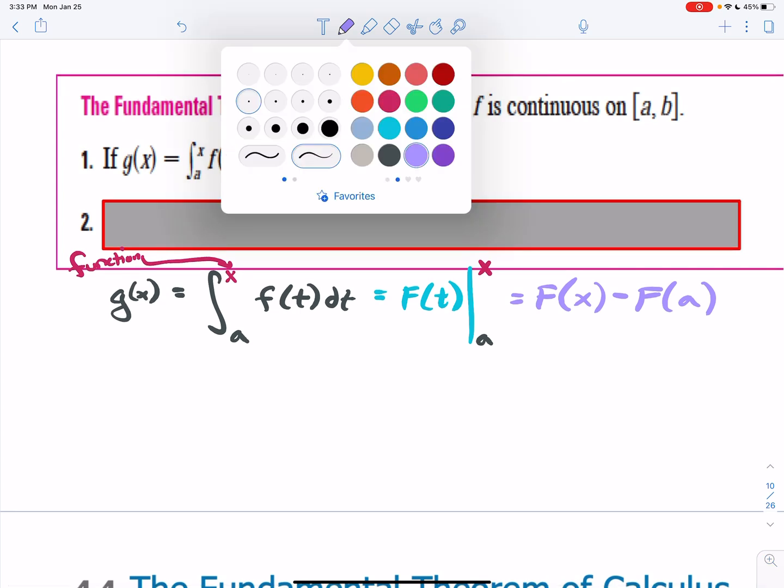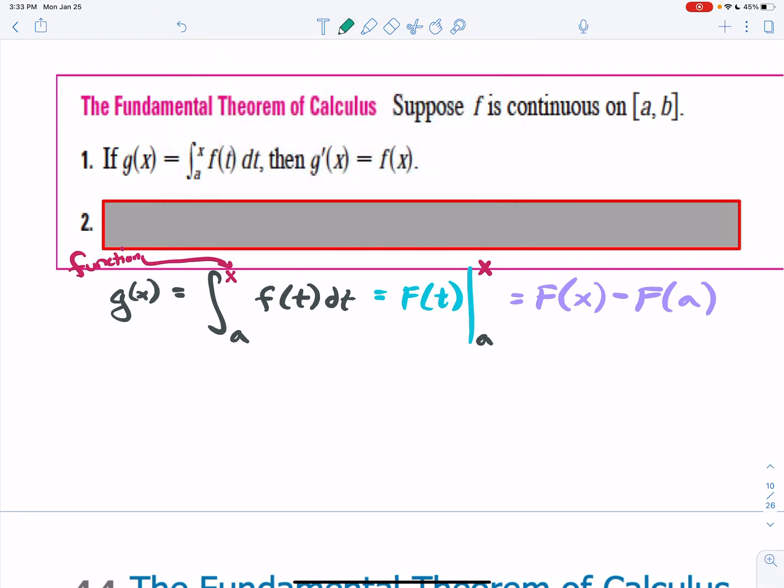Here is where it connects. Let me use a different color here. What if I were to take the derivative of g, okay? Let me highlight so you know where I'm looking. g is basically this in purple, okay? If I take the derivative of capital F of x, I'm taking the derivative of the antiderivative.